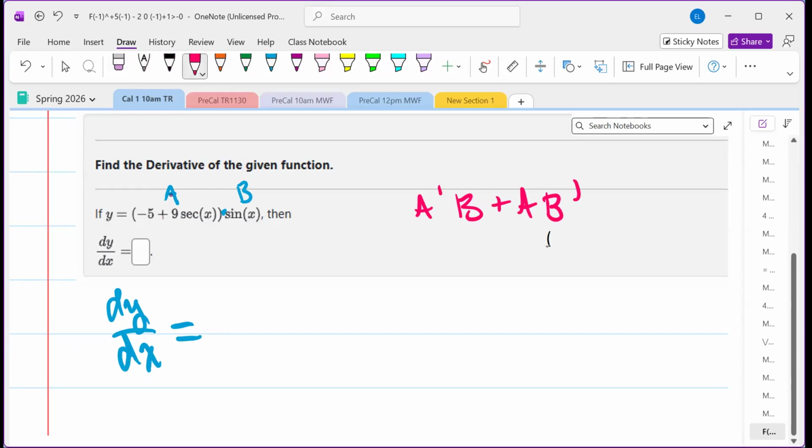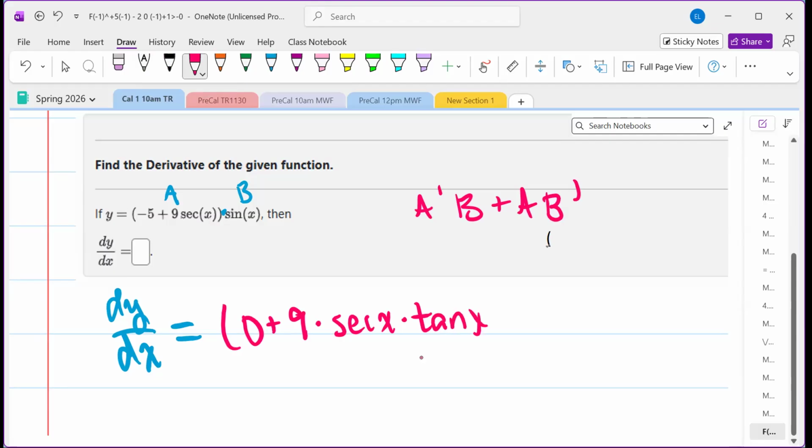So our derivative of A, the derivative of a constant is 0, plus the 9 in front is just going to carry through. But now I've got to remember my derivative of secant. The derivative of secant has a secant in it, but it's got to be more than just the function itself.